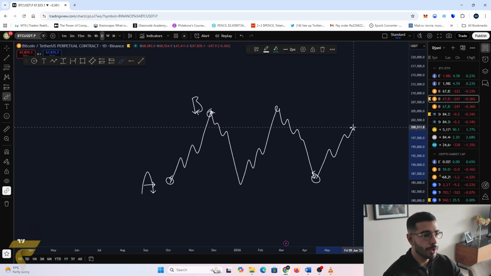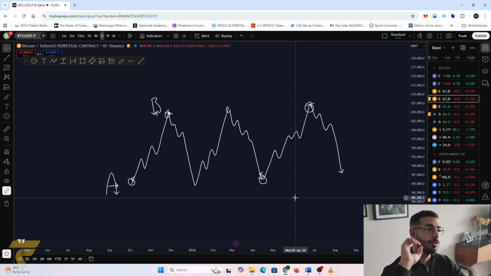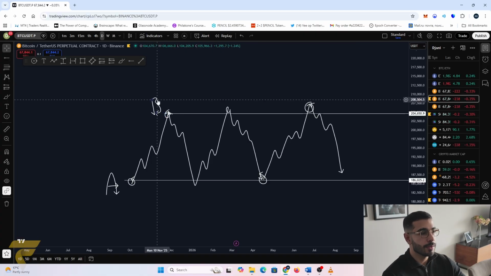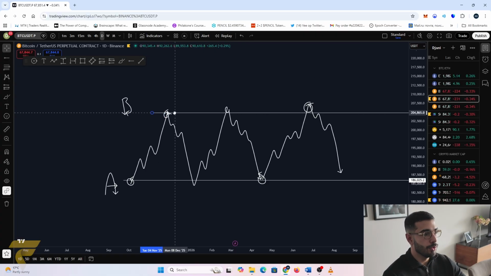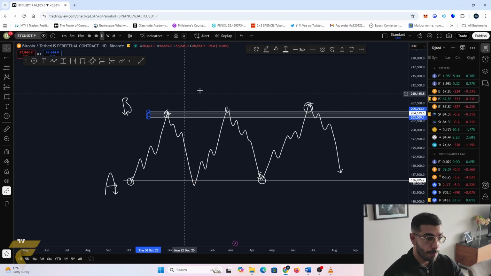Then hopefully you do start to recognize that there are certain points where price tends to revert. Okay, so either you go from an uptrend to a downtrend, or you go from a downtrend to an uptrend, but there are price points within the area where we tend to reject or where we tend to find some form of support.